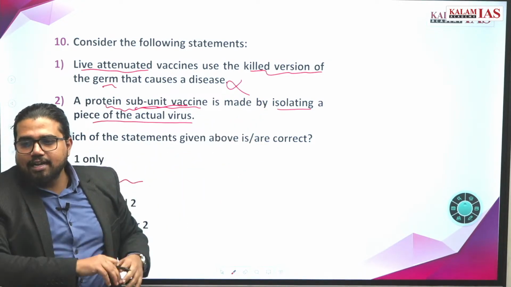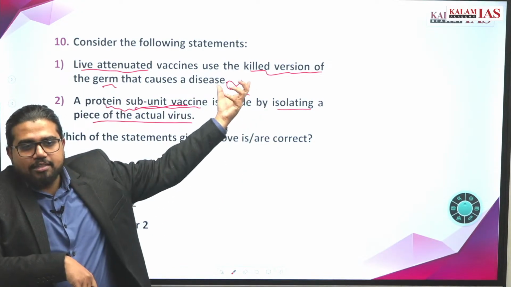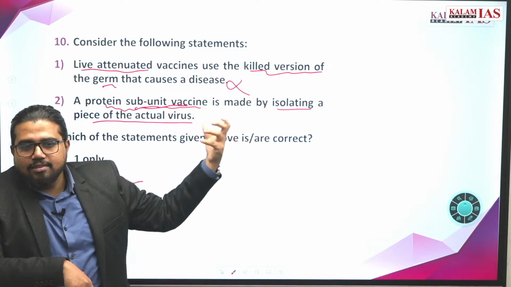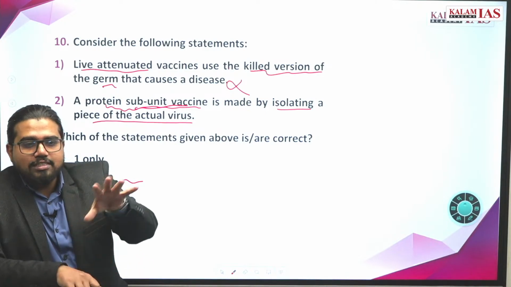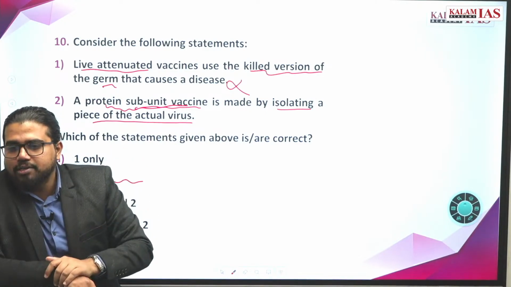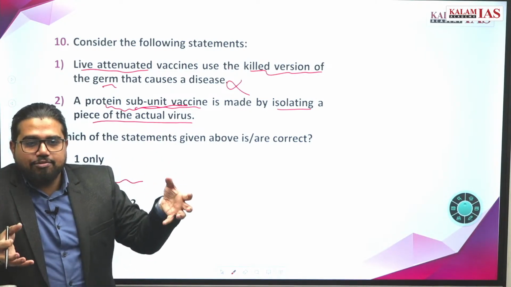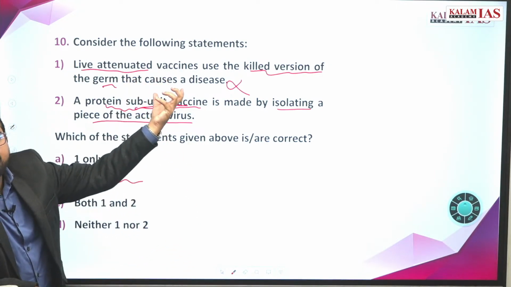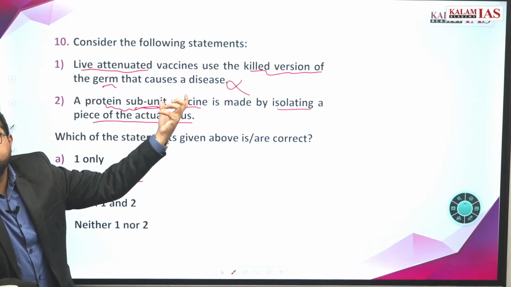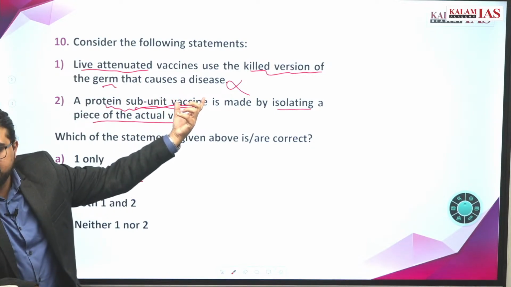If you know exactly how a vaccine works, live attenuated vaccine and other vaccines, then you don't need to apply this. But even if you don't know, even if a question comes from something you have not read, read the statement very carefully. Here, the first statement has a contradiction in itself. You should be able to identify this in whatever pressure situation you are in.